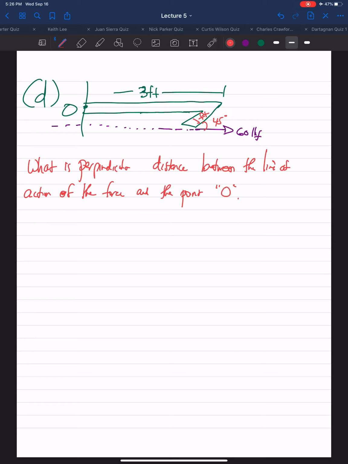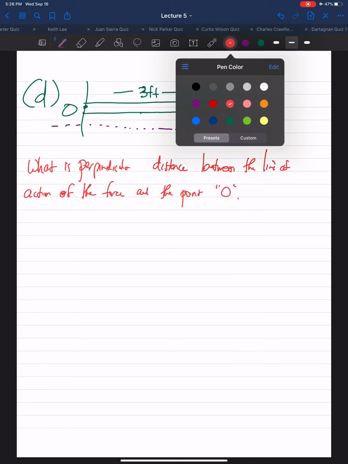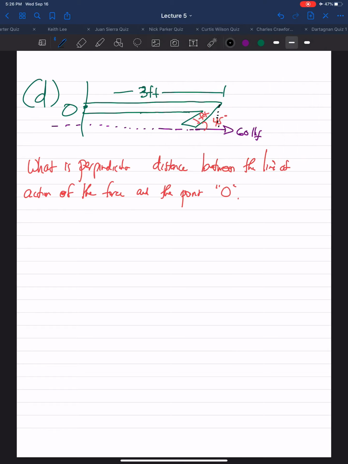In this case, the A leg or the B leg? Which leg do we want? They gave us this angle here. The perpendicular distance from point O to that would be the B leg.